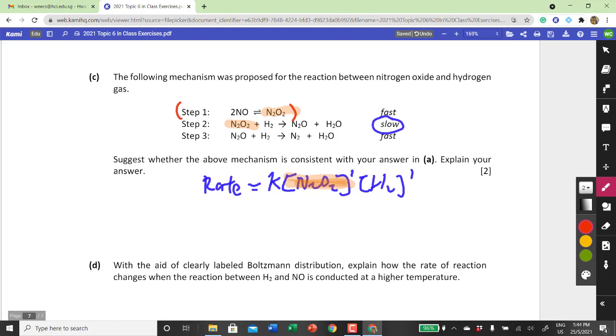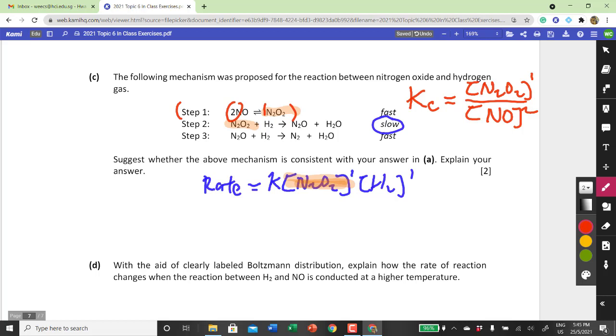If we let the equilibrium constant be Kc, we take the product, N2O2 raised to the power of 1, because we have 1 here, over the reactant, the starting material, NO raised to the power of 2 because of the 2 here. Remember that for the equilibrium constant, we raise the equilibrium concentration to the power of the stoichiometric coefficient reflected in the equilibrium reaction.